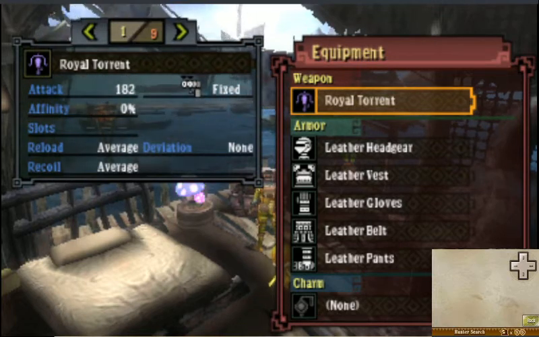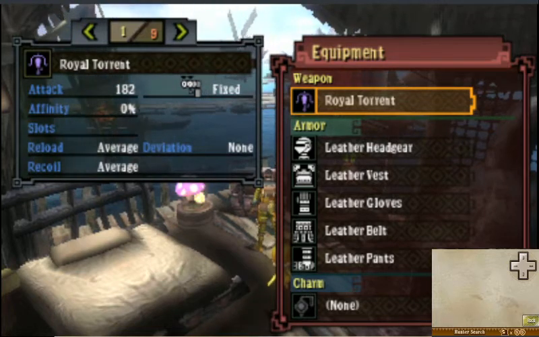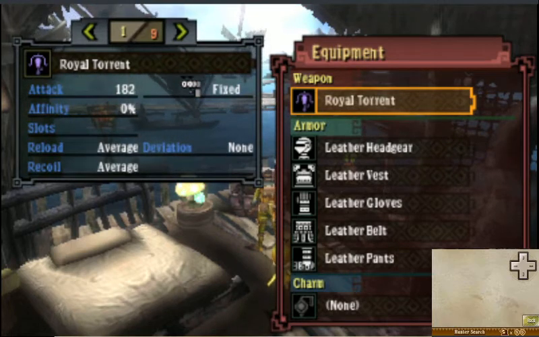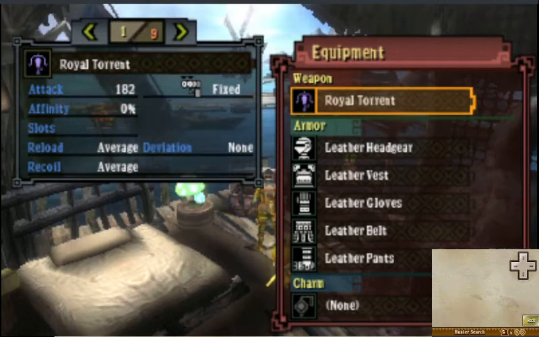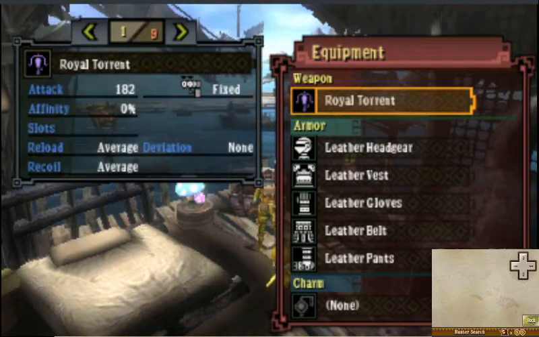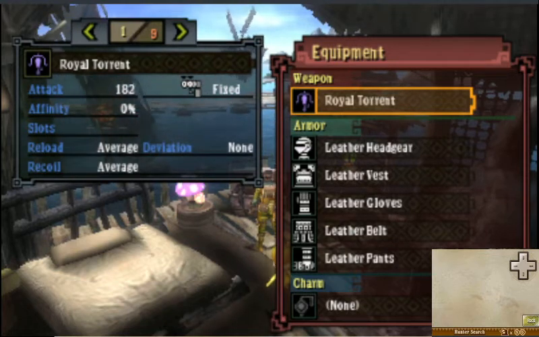Right. So the other information that is present on the first page are the reload, recoil, and deviation values. Reload tells you how long the animation time is for you to reload your shots.